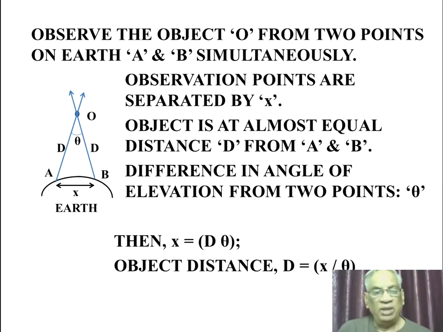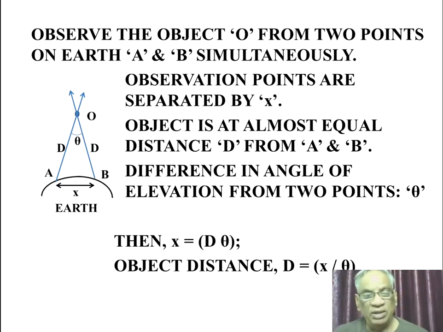To observe the angle of elevation from point A and point B, the observation points on the Earth, the difference of these angles of elevation is theta, the angle subtended by the body with the arc length of x.